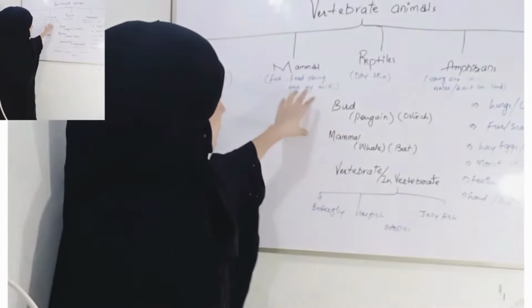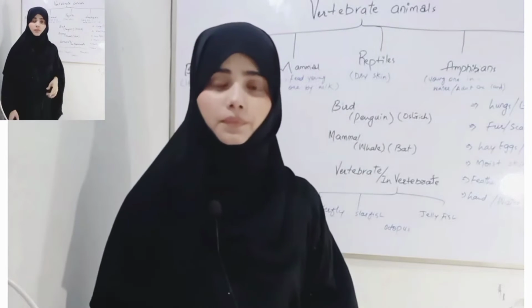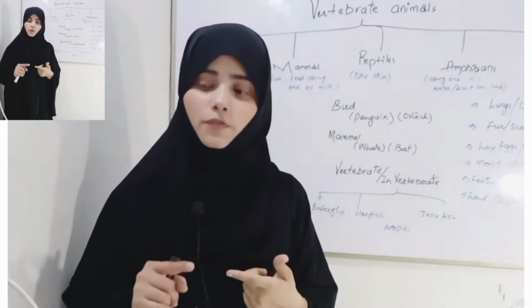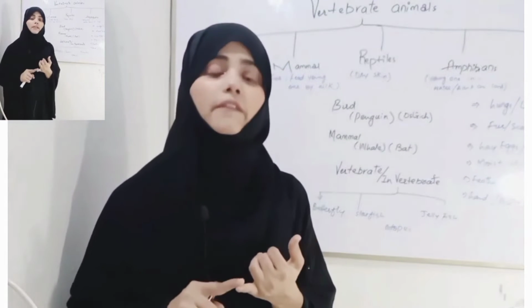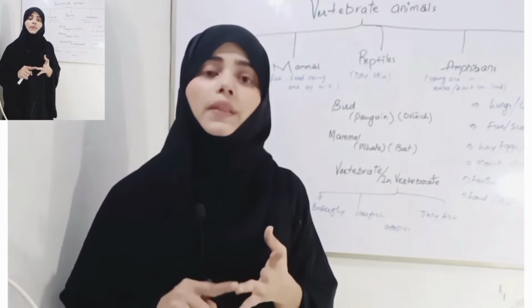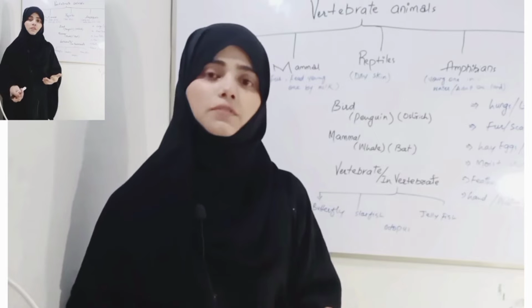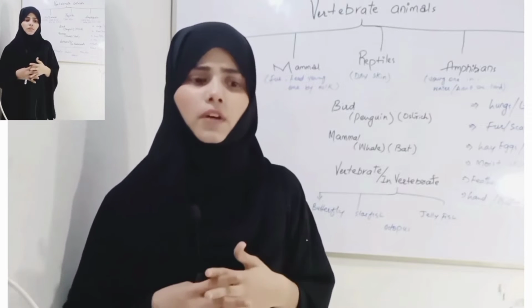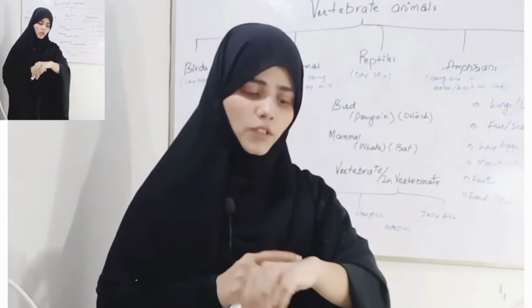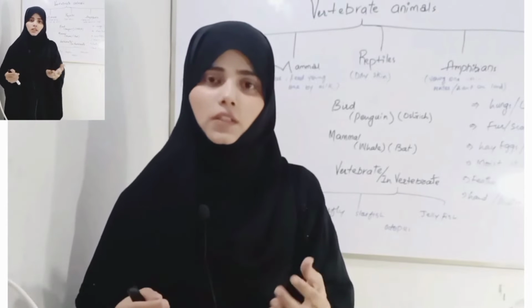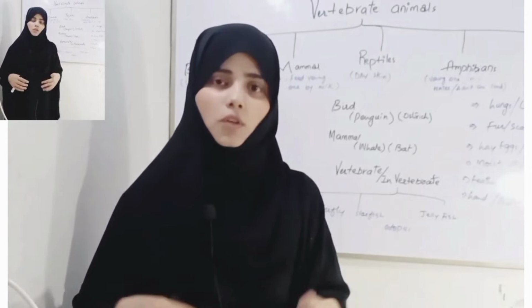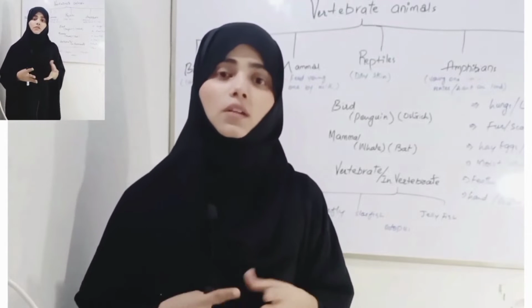So let's talk about the characteristics of mammals. First of all, as I have told you, they have lungs. Number 2 is their body has fur. What is meant by fur? Fur means hair. Just look at your arm. There are little small hairs on your body. That is called fur.